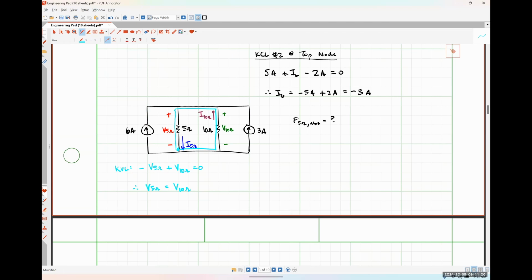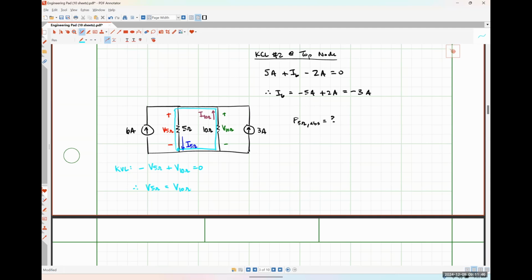So the reason why I'm making a note of that in particular is two things. A, now we can completely get rid of a variable V10 from the jump and just call it V5, but we can make a broader observation from that, okay? How are the 5 ohm resistor and the 10 ohm resistor connected to each other? They're in parallel, okay?